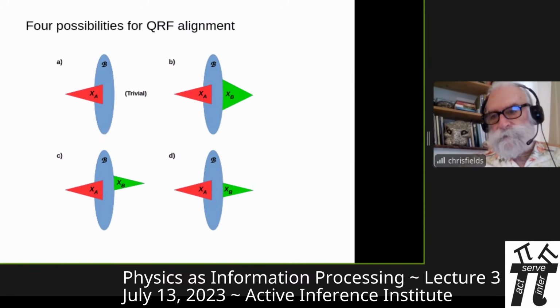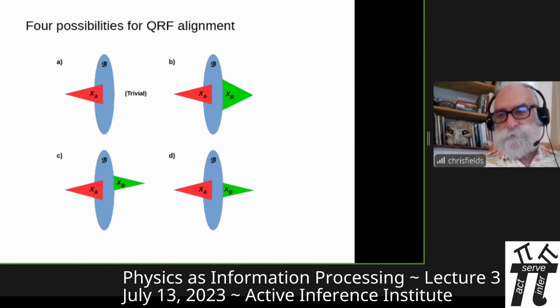So there are four possibilities. If you think about two agents that have QRFs that are interacting across this boundary. The first one is trivial. If the B agent, the agent on the right side, doesn't actually employ any QRFs, if it just interacts with the boundary thermally, then there is no alignment.